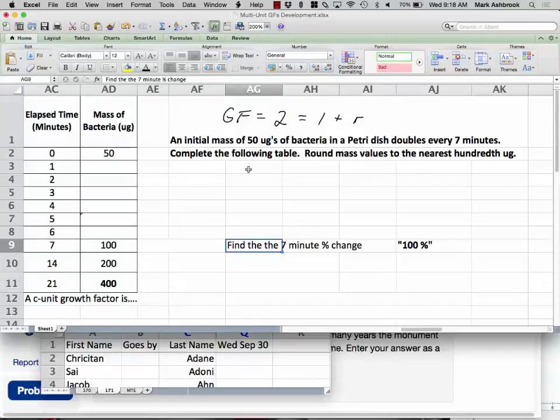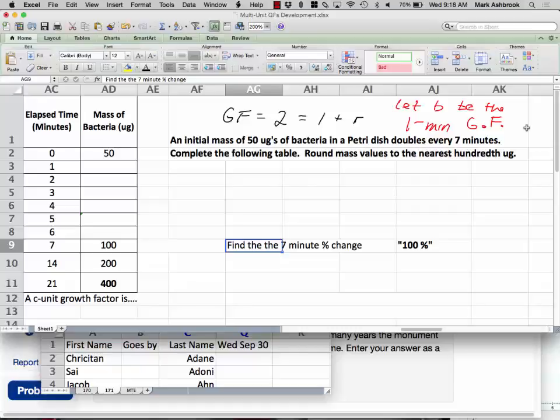We don't know what the 1 minute growth factor is, so we're going to call it B. Let B be the 1 minute growth factor.